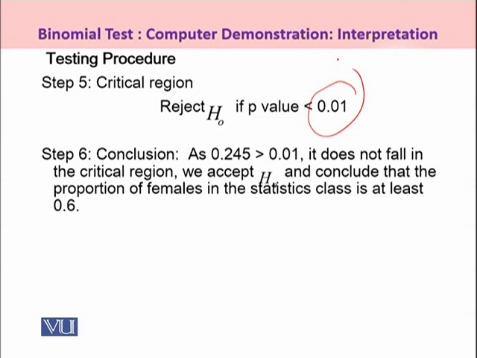We have concluded upon the comparison of the observed p-value and the calculated p-value that our p-value, which is 0.245, is greater than 0.01. So it does not fall into the critical region. So we will have to accept H0 and conclude that the proportion of females in the statistics class is at least 0.6.